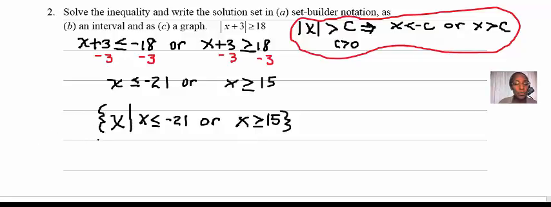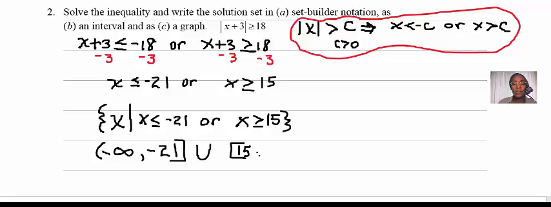As an interval, I can move indefinitely to the left of -21, including -21, and I unite that interval with 15 and all the numbers to the right of 15.